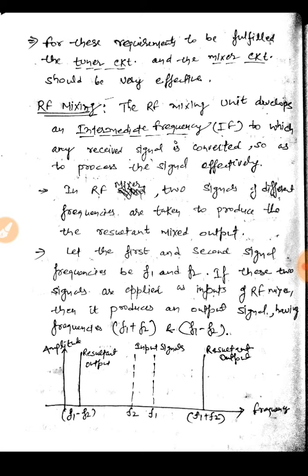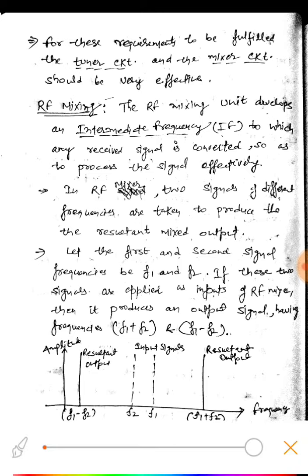For these requirements to be fulfilled, the tuner circuit and the mixer circuit, which are main parts of any receiver, AM or FM, should be very effective.